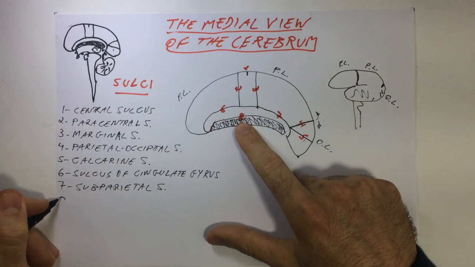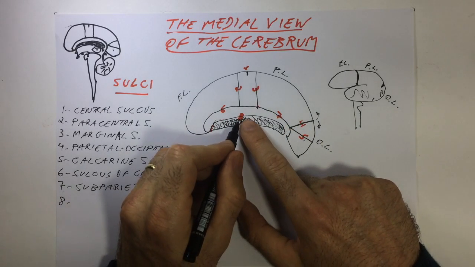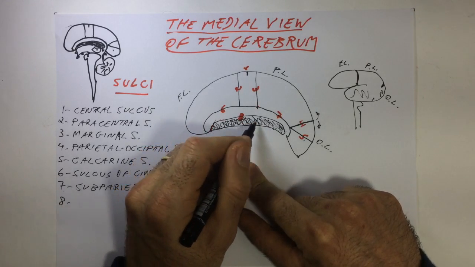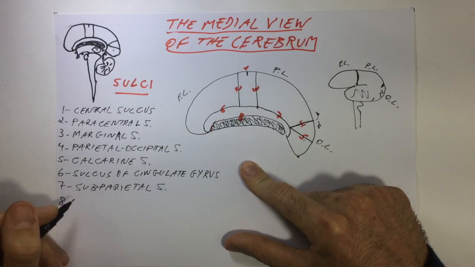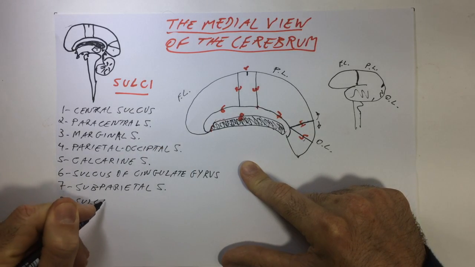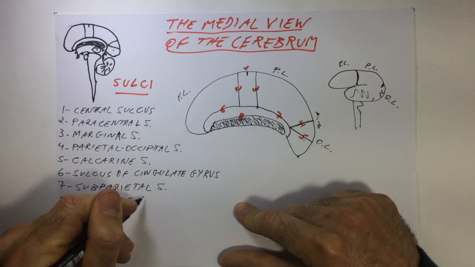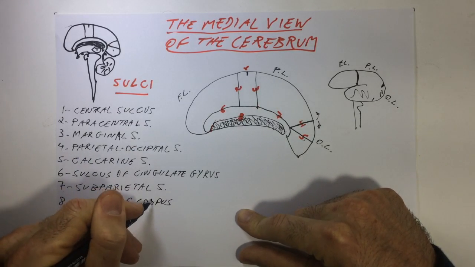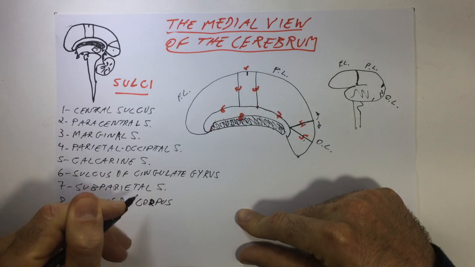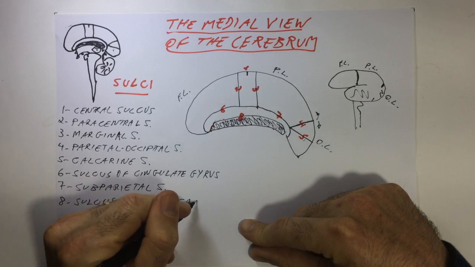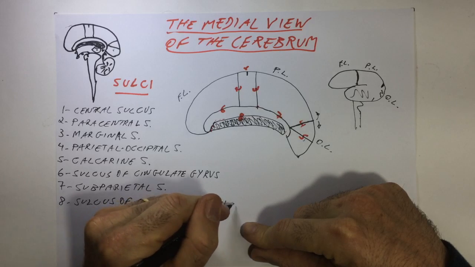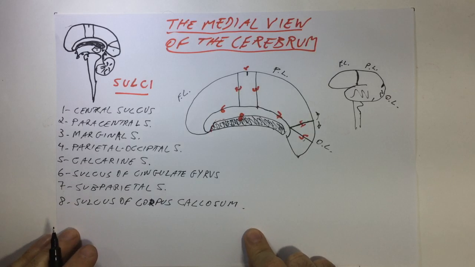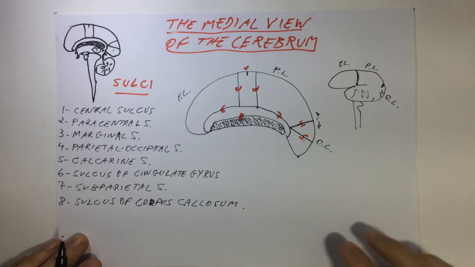And the last one here, 8, is called sulcus of corpus callosum, because that structure is called corpus callosum. Here is the sulcus. Sulcus of corpus callosum. Okay, that would be the sulci.